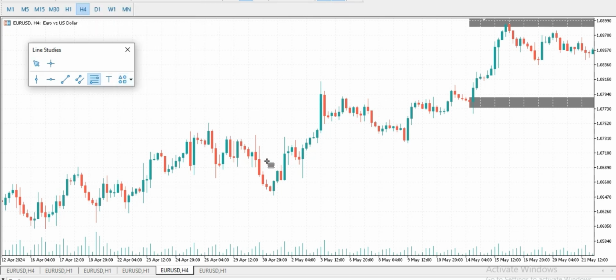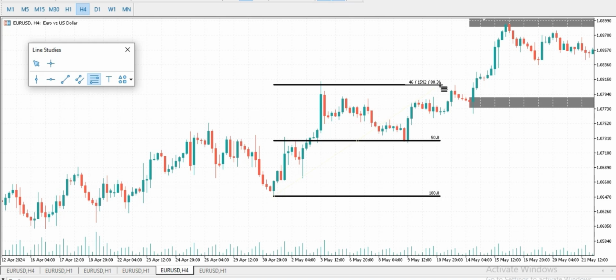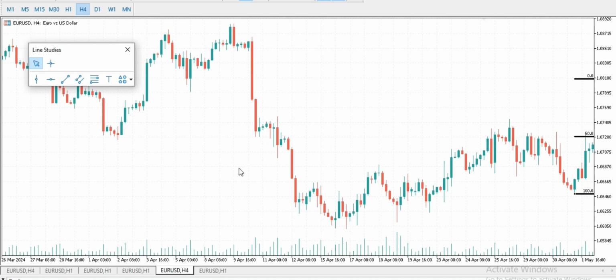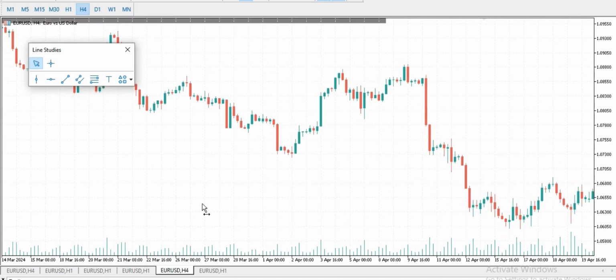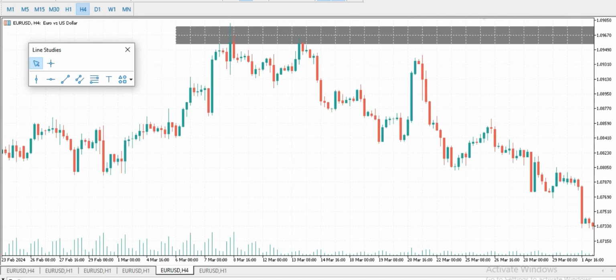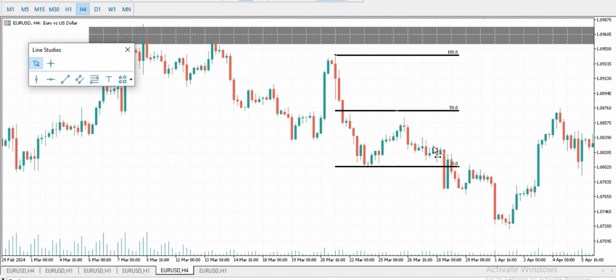You can draw your Fibonacci from a swing low to a swing high in a bullish market, and see what happened when price entered here, see the way it reacted off. Or you can draw your Fibonacci in a bearish market from the swing high to the swing low, something like this. You understand? Our Fibonacci always have multiple levels, but this one only has 3 because I was the one who edited it.